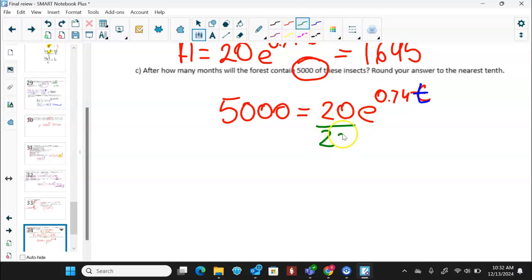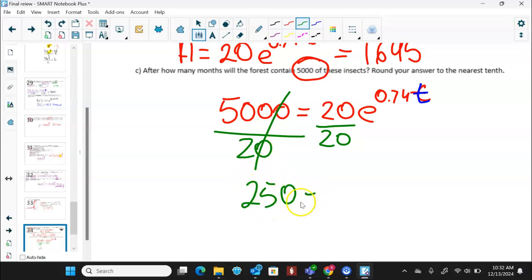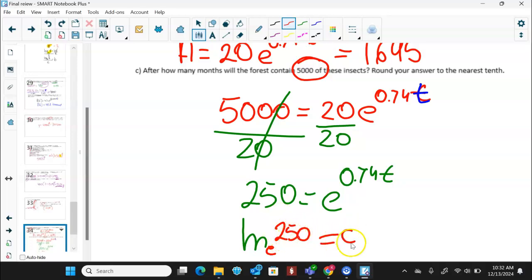In that case, you have to divide by 20. This is going to cancel, so that's going to be 250. Now e is by itself, so you can turn it into ln, the natural log with base e. The exponent 0.74T comes down, equals 0.74T.